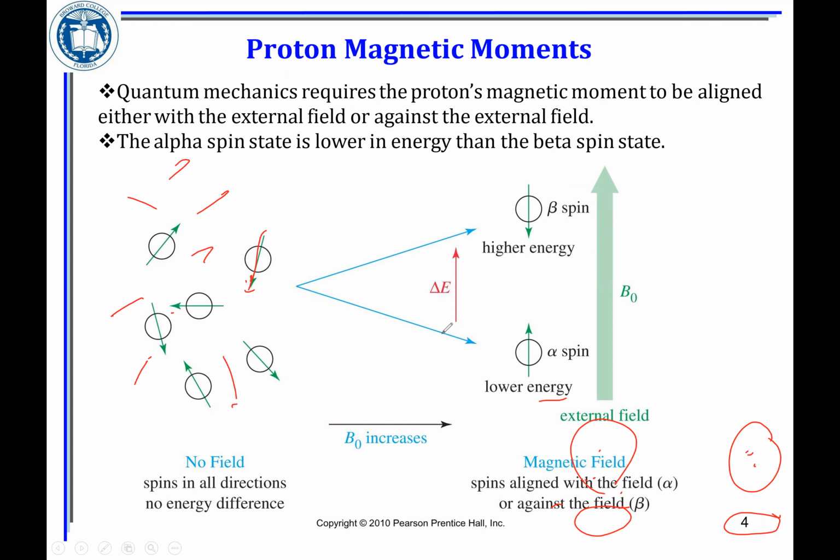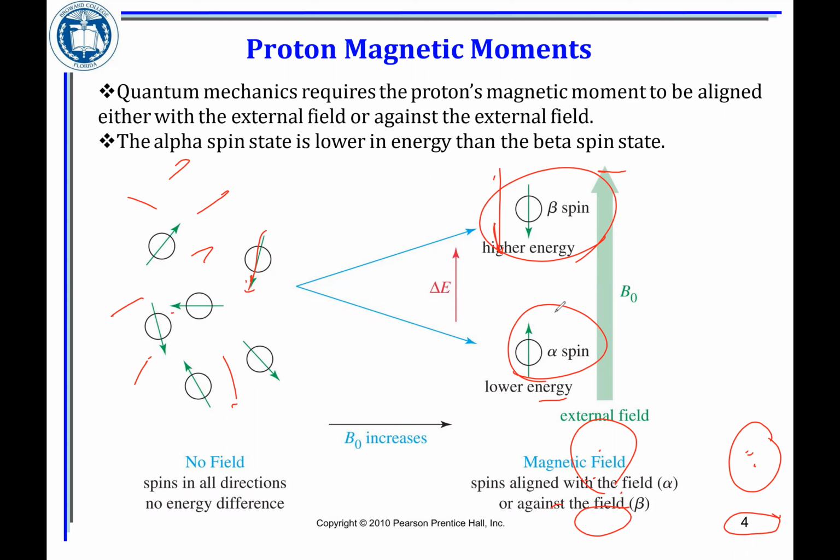But when you place that within the external magnetic field, there is a force. It's saying there's only one direction allowed, straight up and down. So either be aligned with the external field and name yourself alpha, or be opposite to it and name yourself beta. Let's say half of those are going to go to alpha and some go to beta.